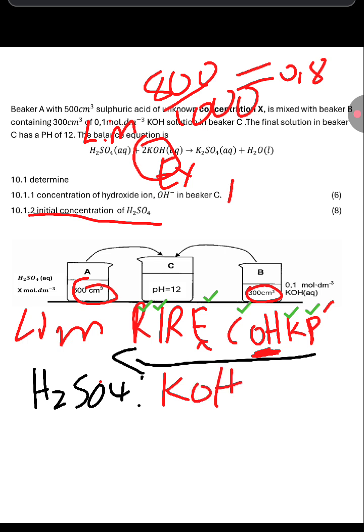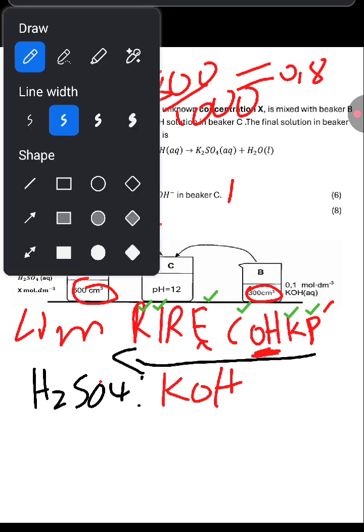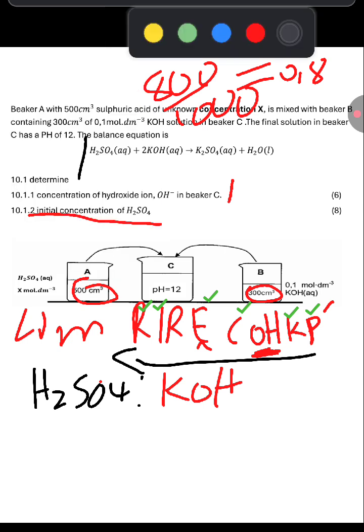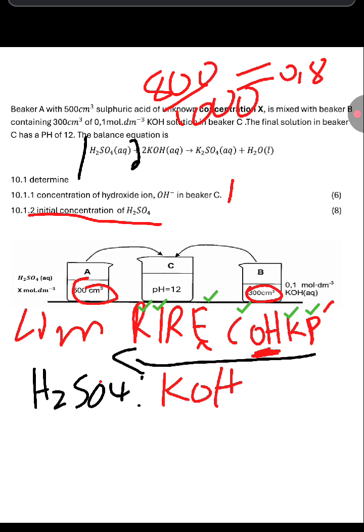What is the ratio? According to the reaction, the coefficient here is 1 and the coefficient there is 2. So the ratio is 1 is to 2.